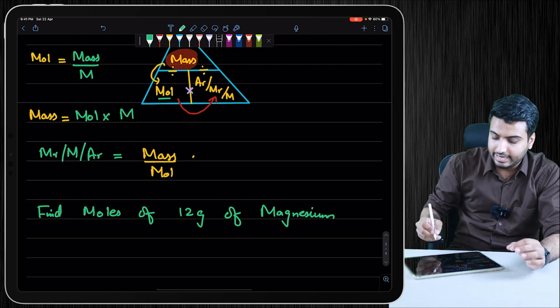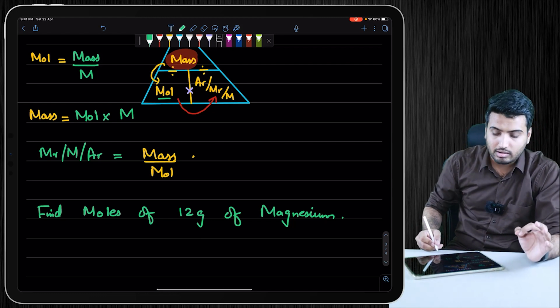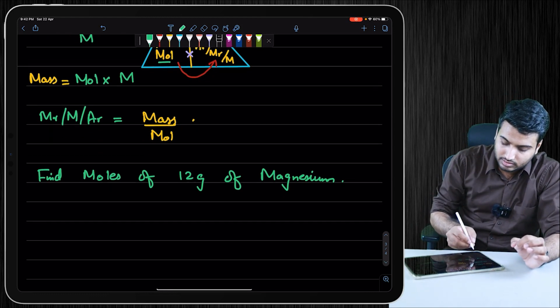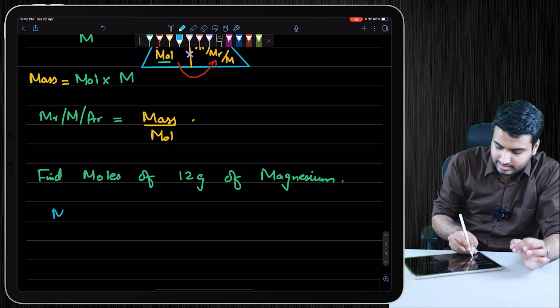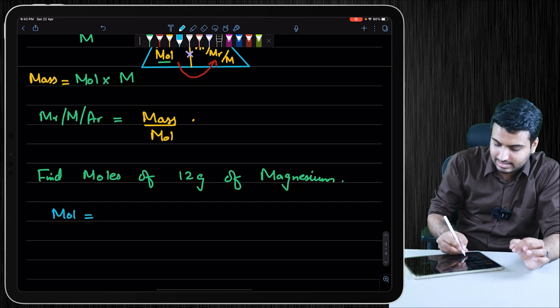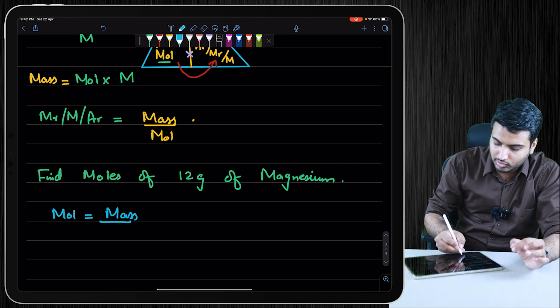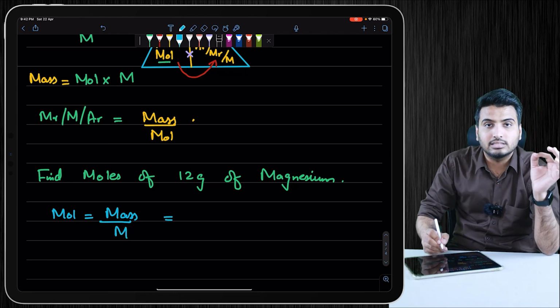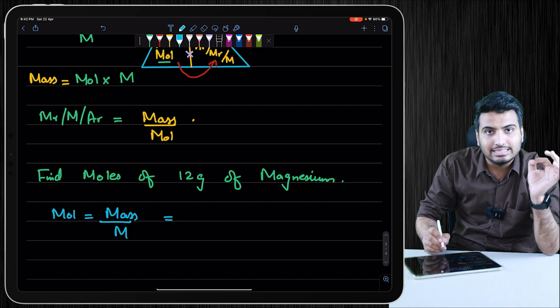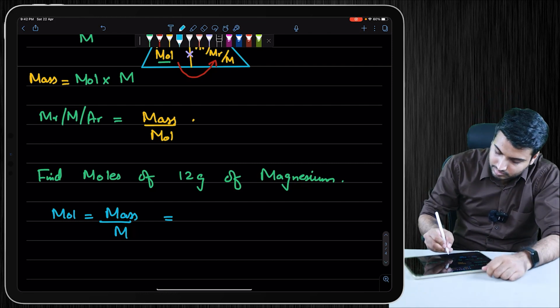To find moles, the formula is mass divided by molar mass. The given mass of magnesium is 12.